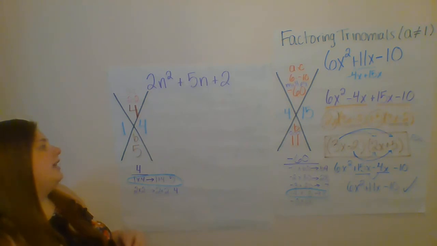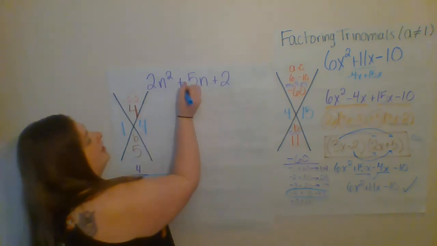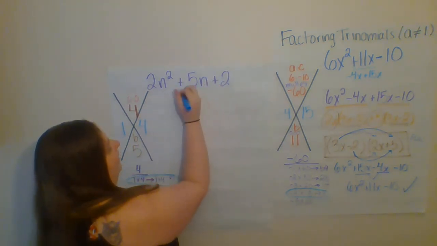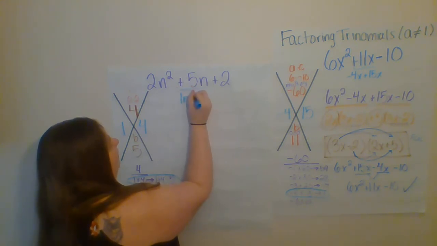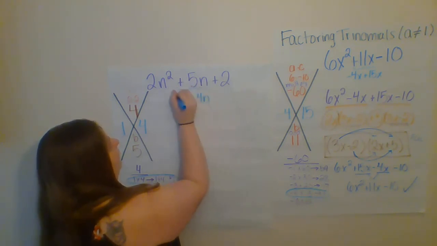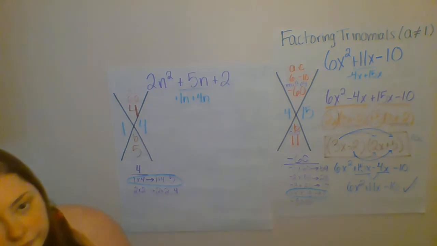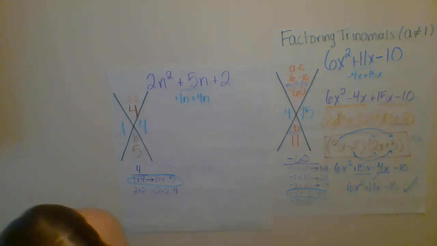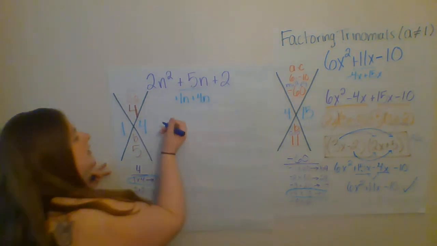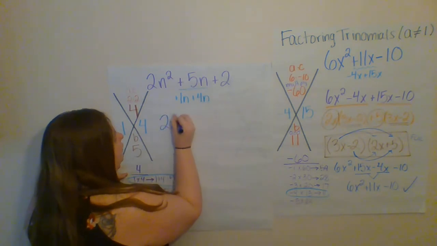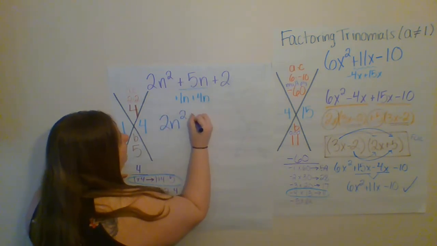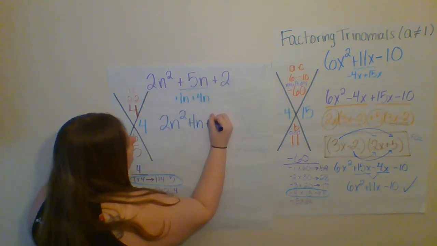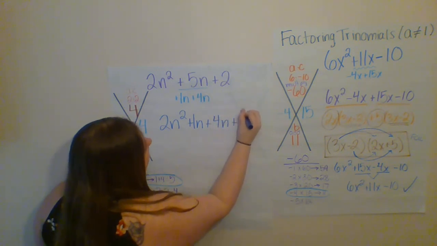So we put those in the sides of our x, and that tells us that we replace this 5n with 1n and 4n. Both of them are positive. So let's do that. That's going to give us 2n squared plus 1n plus 4n plus 2.